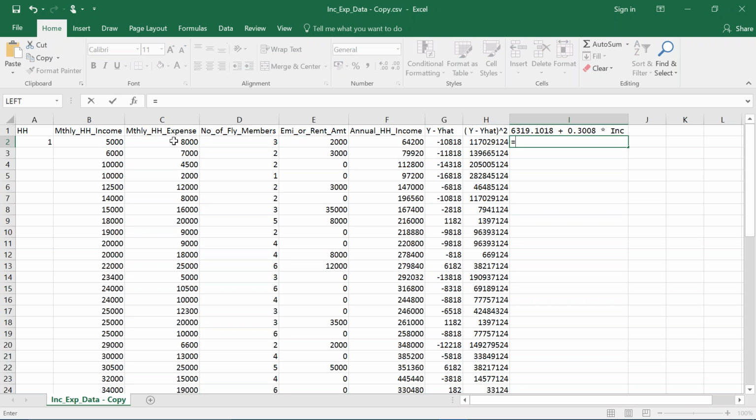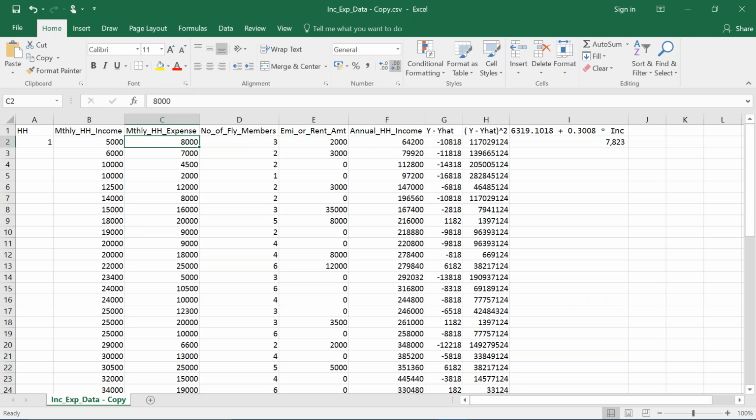So I'll have 6319.1018 plus 0.3008 times income. So my estimate, I'll round it off. My estimate is 7,823 for this particular household.